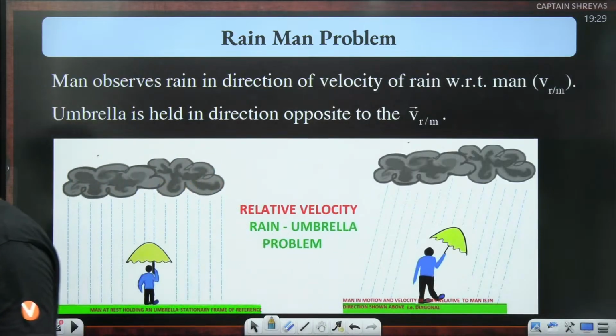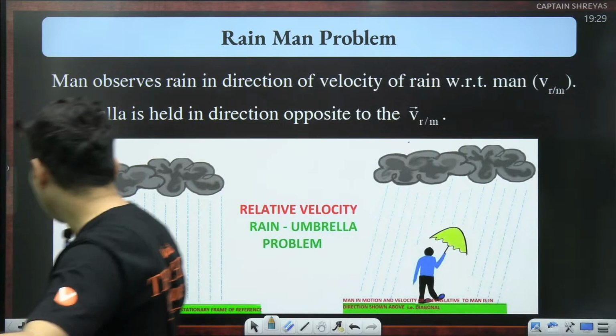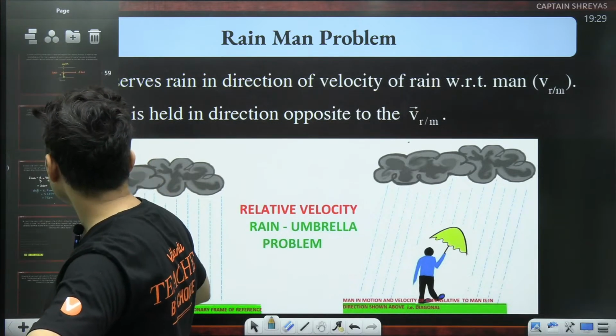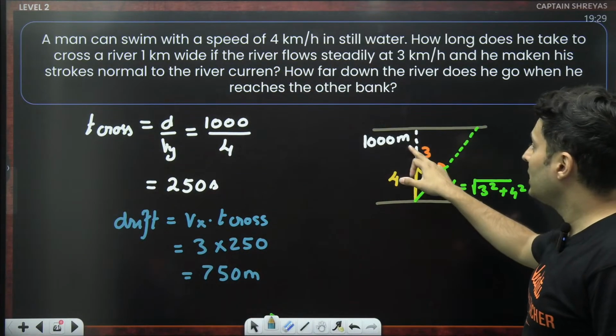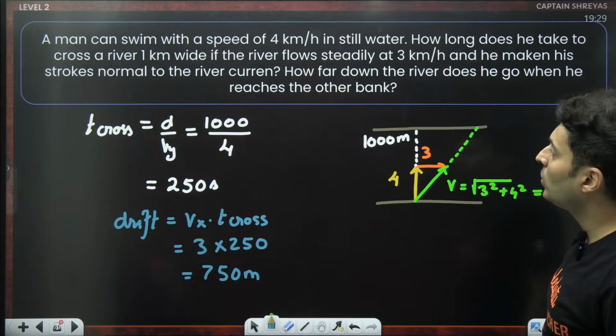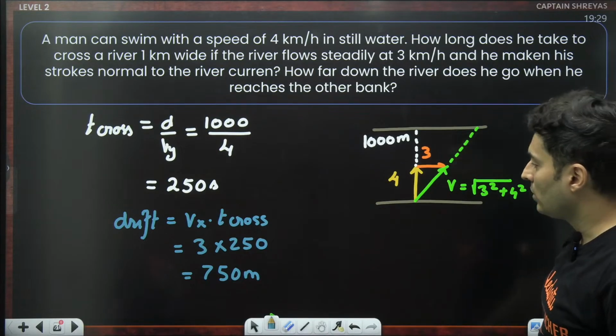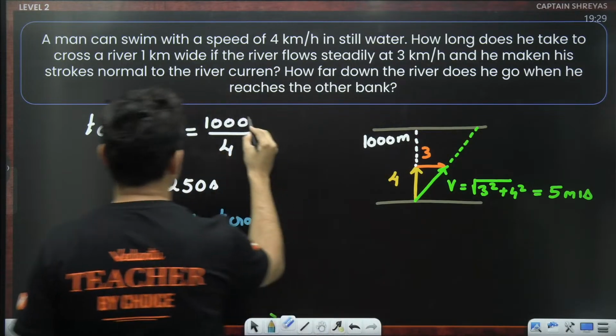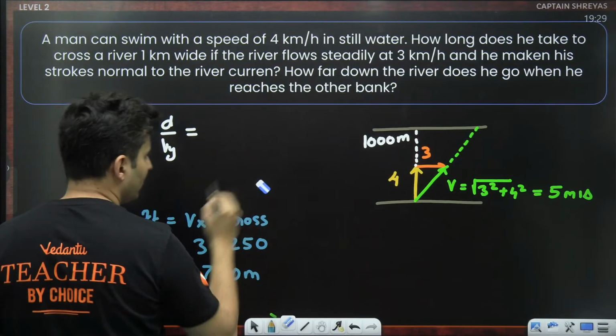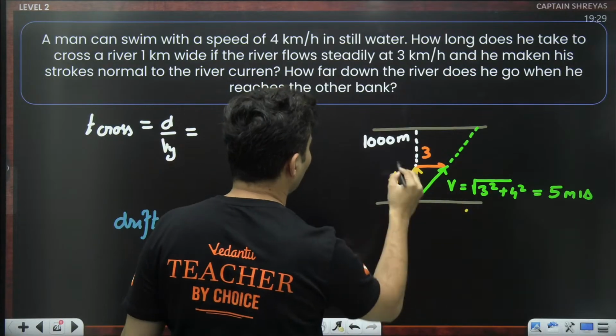The speed is given as 4 kilometers per hour. Oh, sorry. My bad. Yes, you're right. This was 4 kilometers per hour, not 4 meters per second.